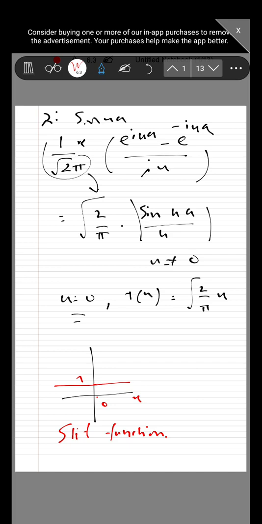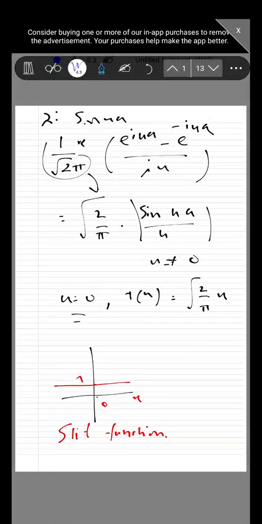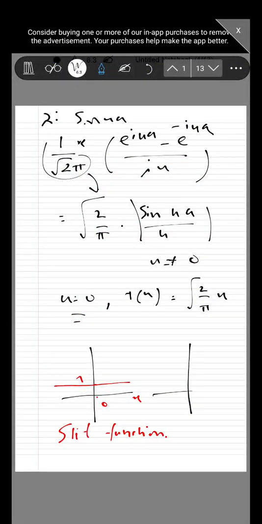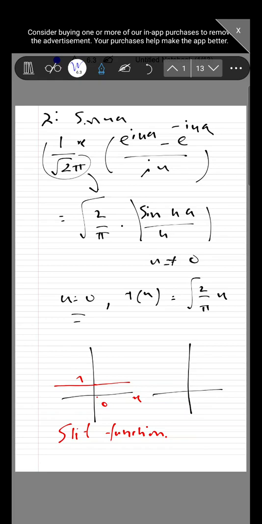And the Fourier transform is a sinusoidal function. It is sine ua by u mainly, so it looks something like this.